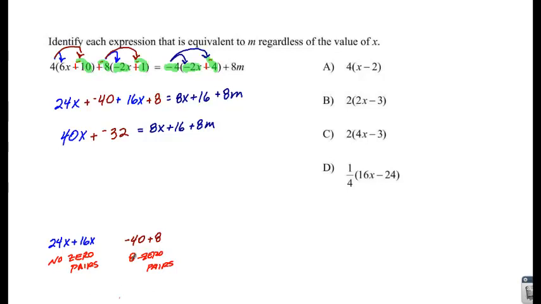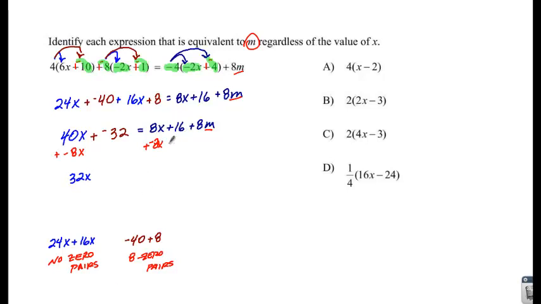Now it's time to go ahead and get the m by itself. Remember, we're looking to get this m alone. That's our goal. So we are going to add negative 8x to both sides. This is all stuff you've done before, so be confident. So 40x plus negative 8x is 32x.